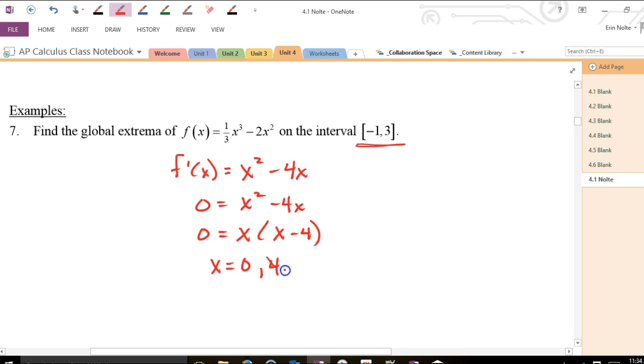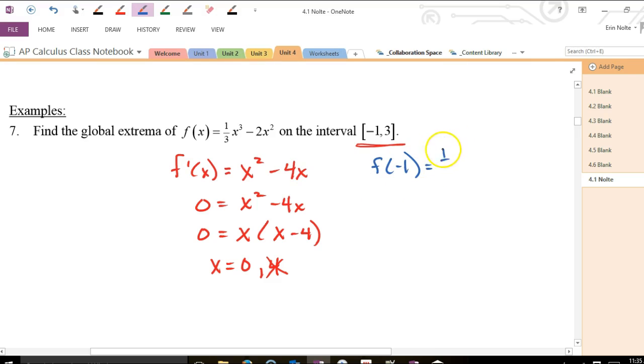So we're going to exclude that, even though there's probably something going on in the graph. We're going to ignore that fact. What we're going to do is put in the 2 endpoints and the critical value. We're going to go back to the original to plug these in. So we're going to do f of -1.